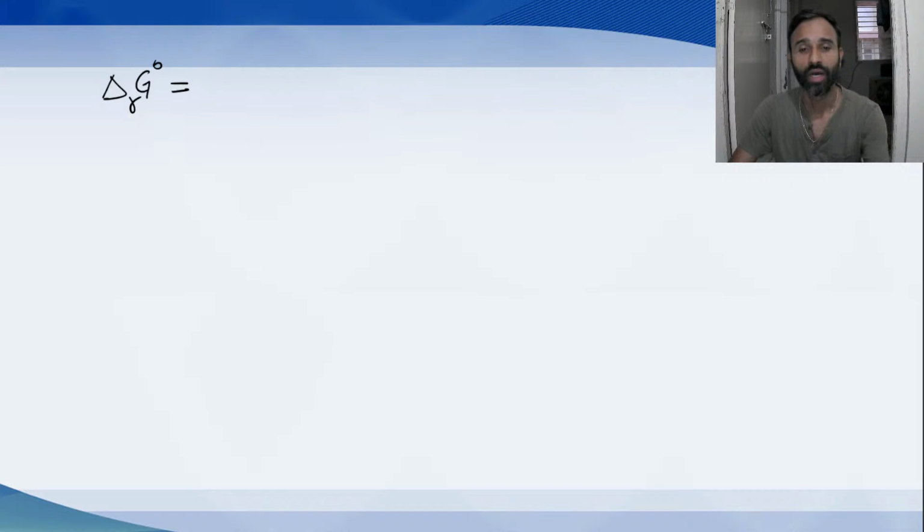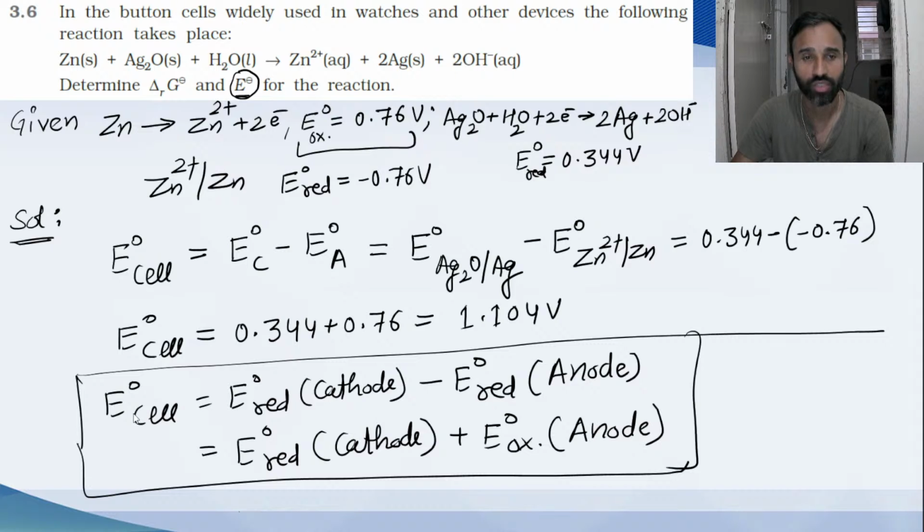I said E naught cell. Understood? E naught cell equals E naught reduction of cathode minus E naught reduction of anode, meaning standard reduction potential of cathode minus standard reduction potential of anode. But if standard reduction potential of cathode and standard oxidation potential of anode are given, then what do we do?